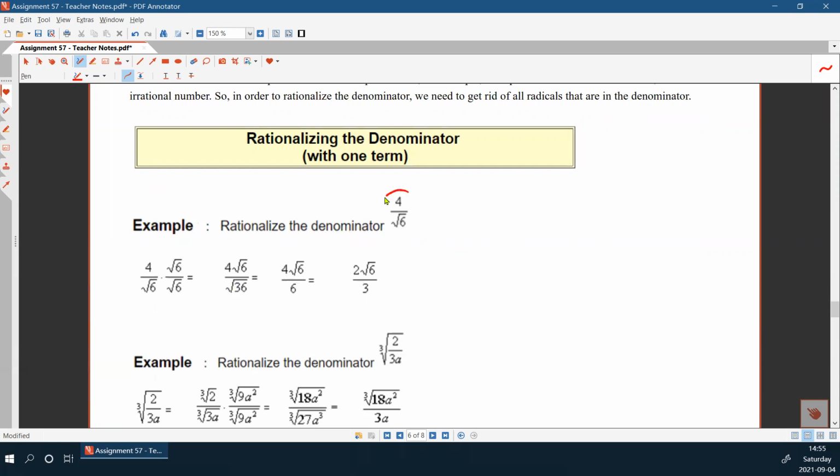So for example, if you want to rationalize this number, you can just multiply the square root of 6 to both the numerator and denominator, right? And in this way, square root of 6 times square root of 6 will get you 6, and 4 over square root of 6 can then be simplified to 2 times square root of 6 over 3, right? In this way, the denominator is rationalized to 3.